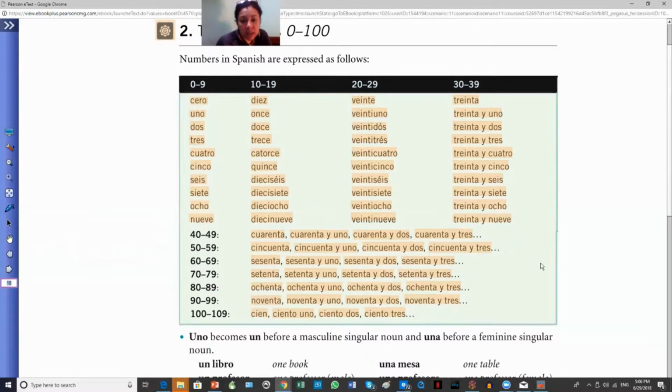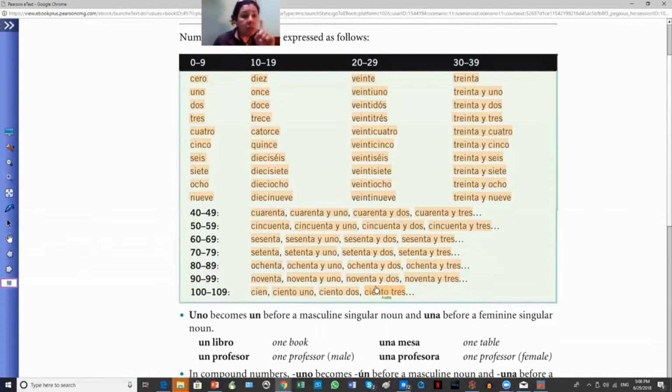So look at this example. It's only masculine singular: un libro, we don't say uno libro, we don't say uno profesor, we say un, ¿sí? It goes back to normal, but it agrees in gender when you have a feminine noun. Mesa is feminine, so we don't say uno mesa, we say una mesa. And profesora is feminine too, so we say una profesora.